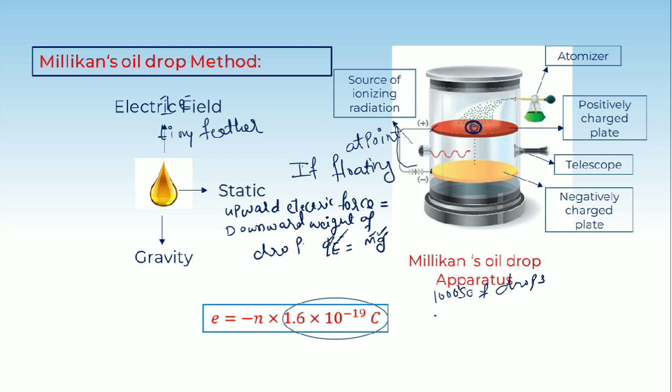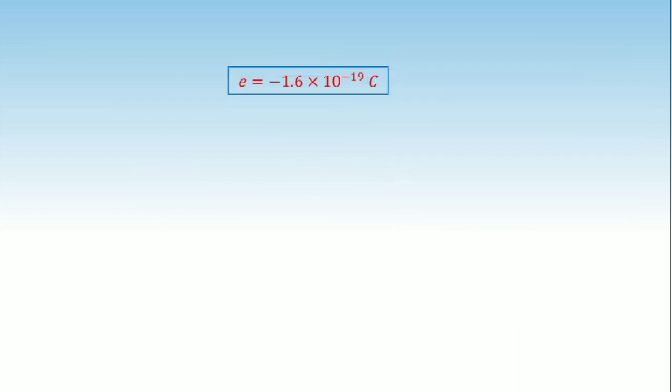The charges were like 1.6 × 10^-19 coulomb. Every charge was a multiple of 1.6 × 10^-19 coulomb.